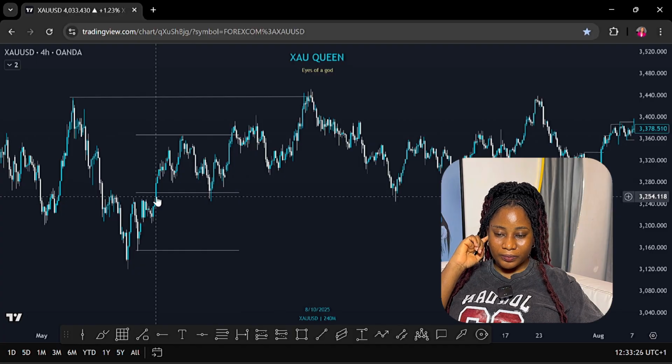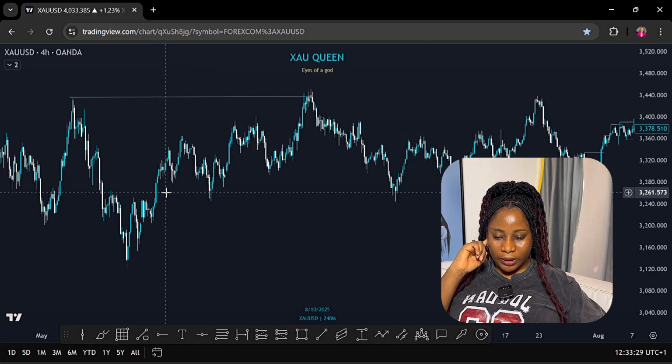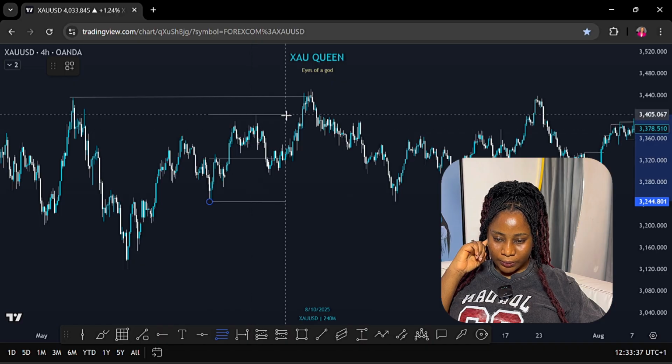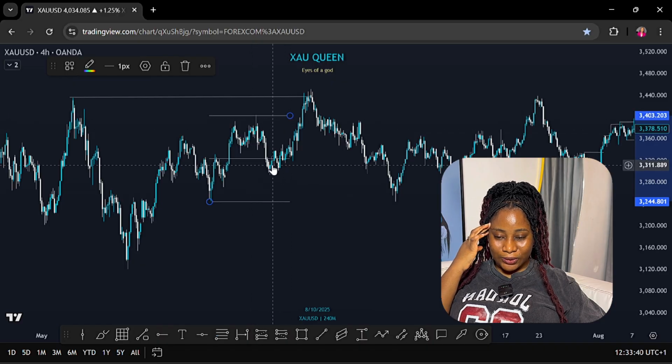Then this is another range from here to here. This was the high, so we put our fib from the low. You see that it still pulled back to the 50%.